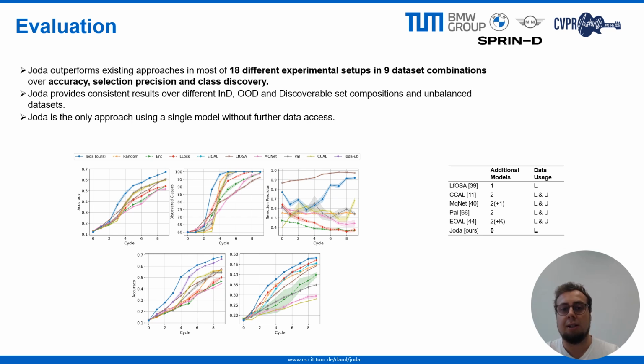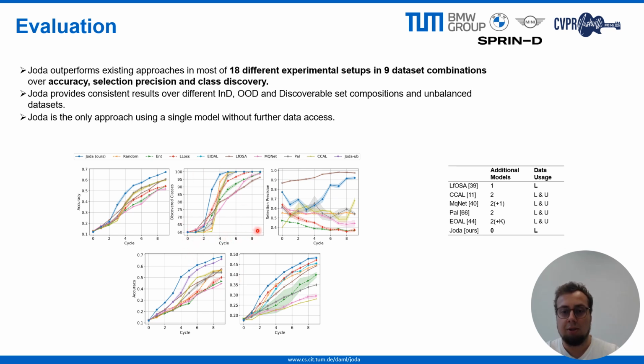Over the different dataset combinations, in-distribution to OOD, or also discoverable class variations, unbalanced datasets, or different models, JODA outperforms in by far the most settings and metrics. A selection of experiments is shown below, where JODA outperforms existing methods in terms of accuracy and class discovery.